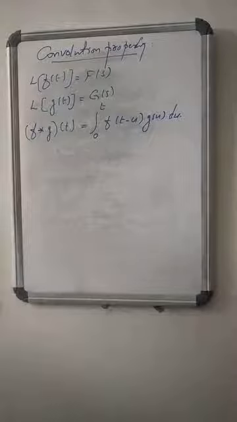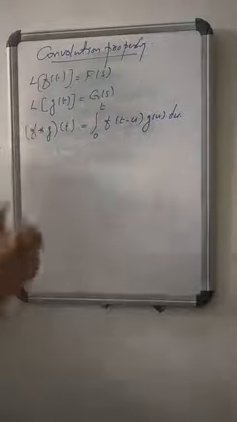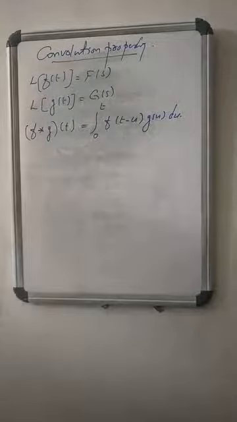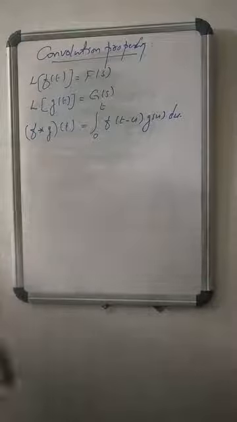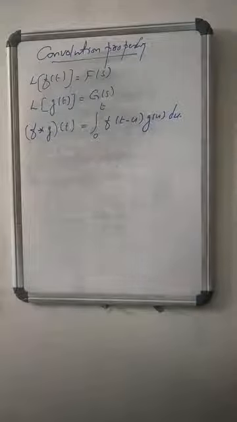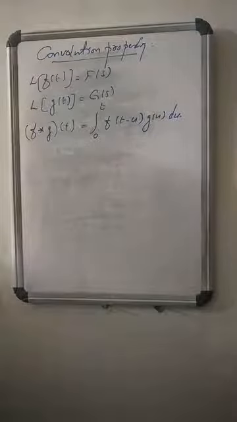If f of t and g of t are any two functions having Laplace transforms F of s and G of s respectively, then the convolution of f and g is denoted as f star g and is defined as f star g of t equals integral 0 to t f of t minus u g of u du.